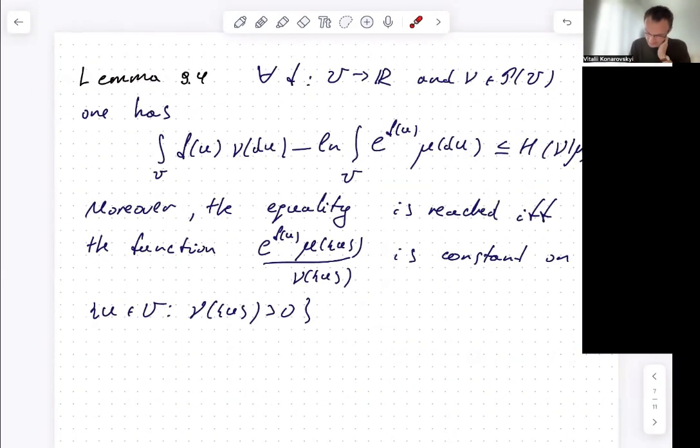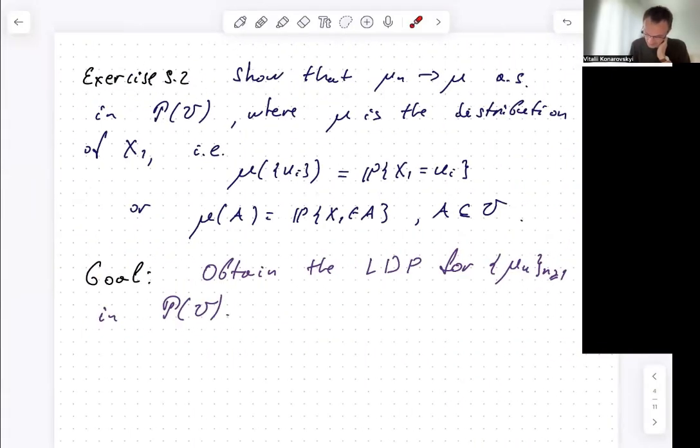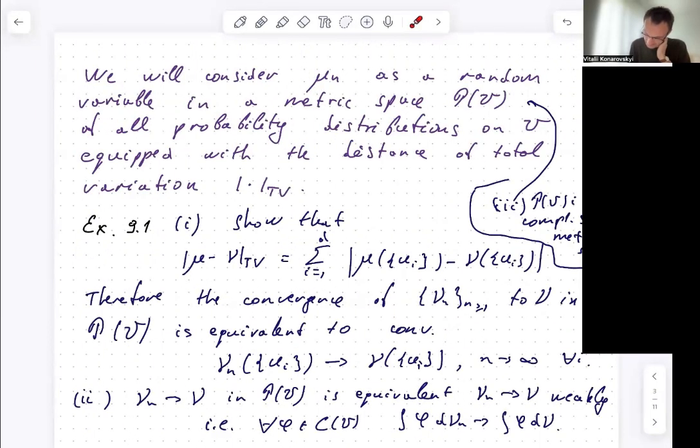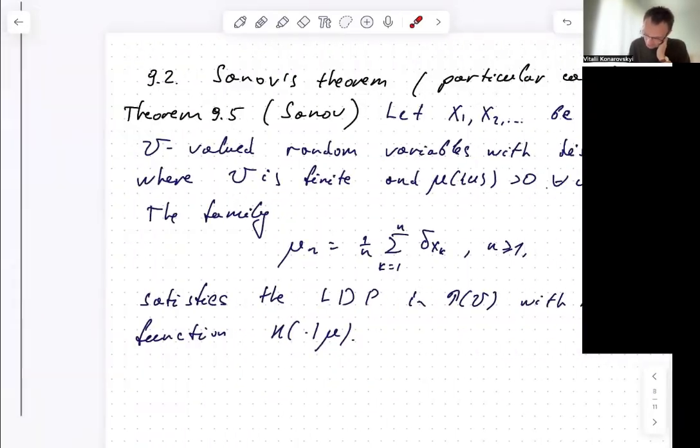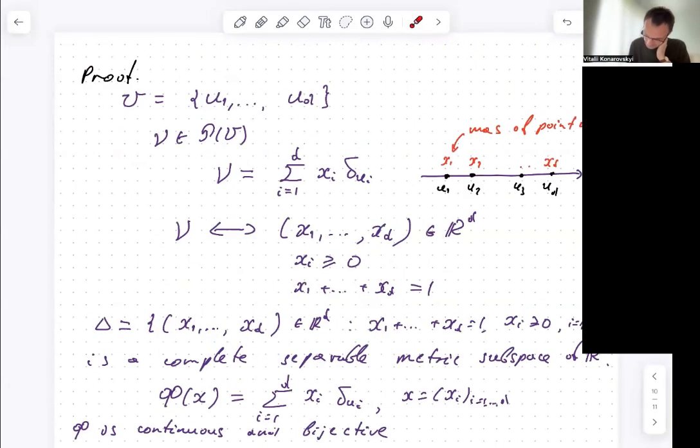You remember that in this exercise we said that the family nu n converges to nu in the space P if and only if the mass of every point converges. So if the mass of every point converges to another mass, then the measure converges, for instance, in the total variation distance to the corresponding measure. So you have continuity from one metric space to another metric space.